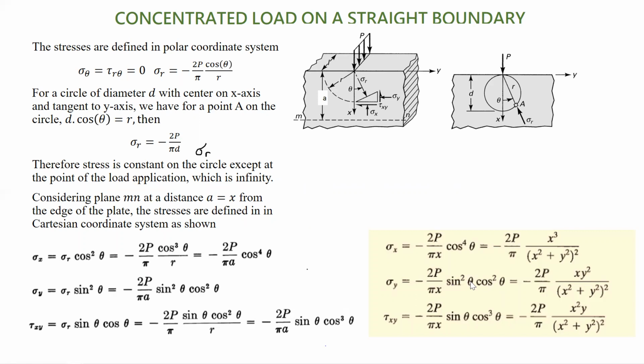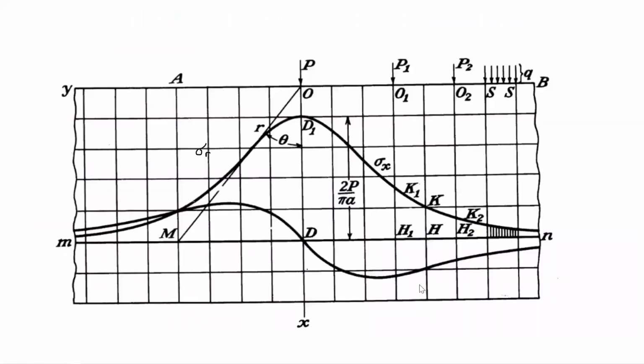This would be 0. And similarly, shear stress would be 0. But sigma y and tau xy also away from the load would tend to 0. So somewhere in between, it maximizes. That shows the variation.